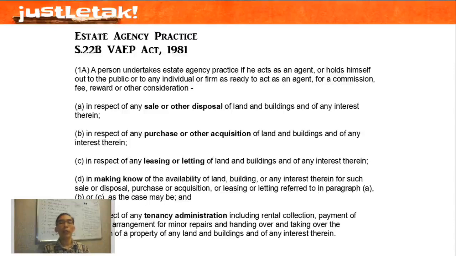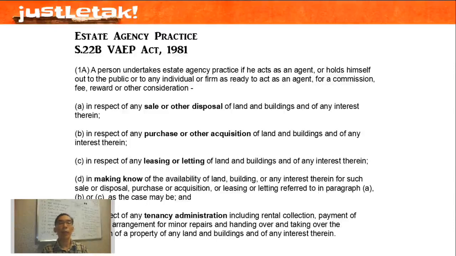And third, in respect of any leasing or letting of land or building or any other interest therein, meaning if a landlord asks someone else to look for a tenant, that person who acts as a representative of the landlord is practicing agency practice. Making known the availability of land, building or any interest therein in such sales or disposal, purchase or acquisition.